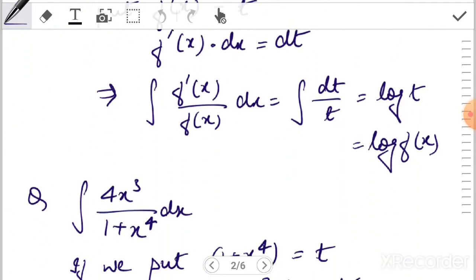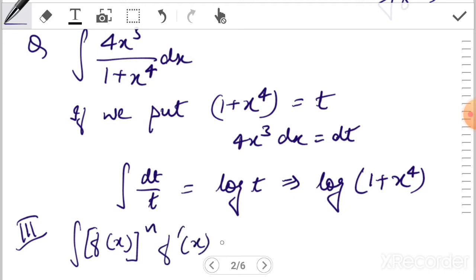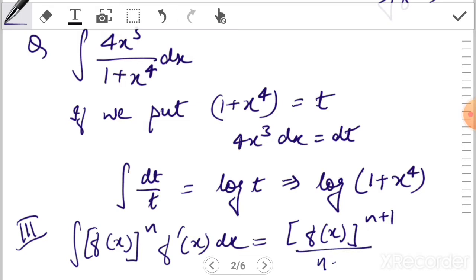So then we can have the third form, integral f(x) raised to the power n times f dash(x) dx is equal to f(x) raised to n plus 1 by n plus 1, right?